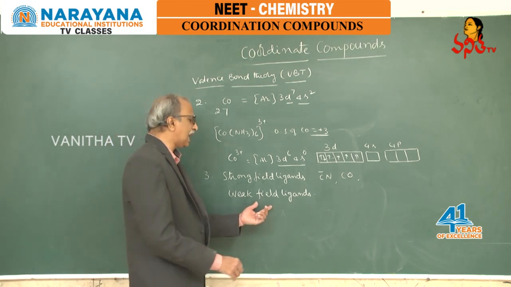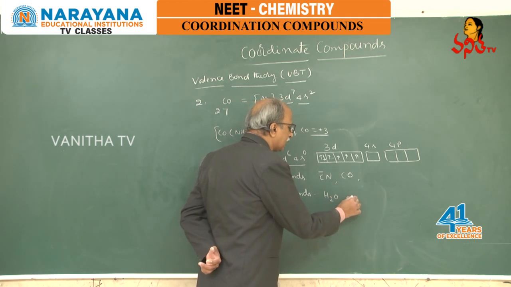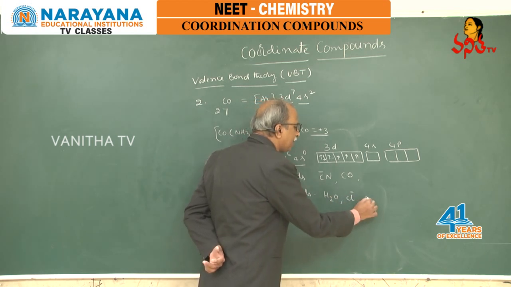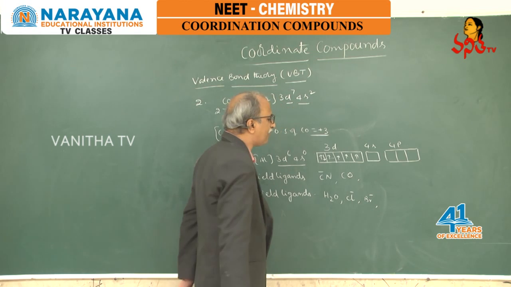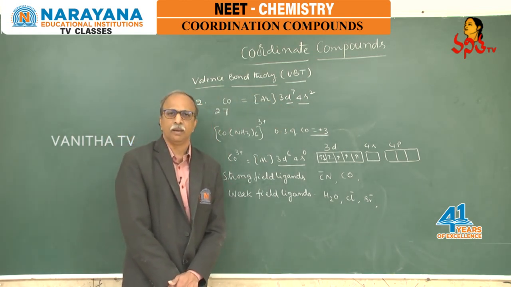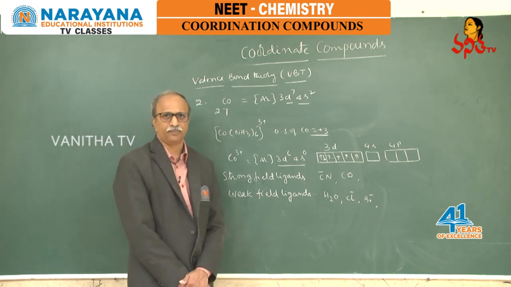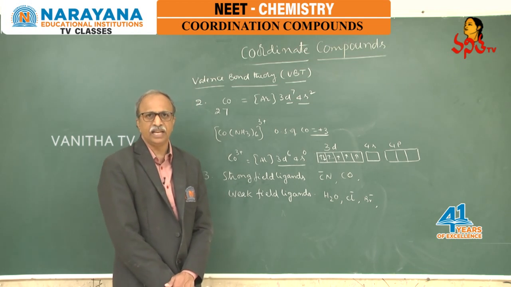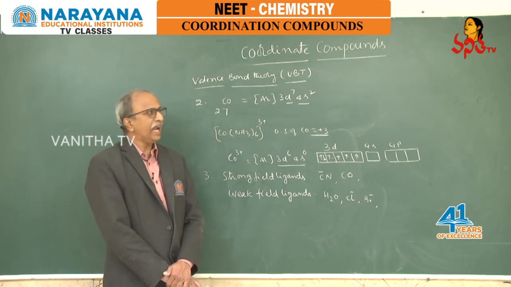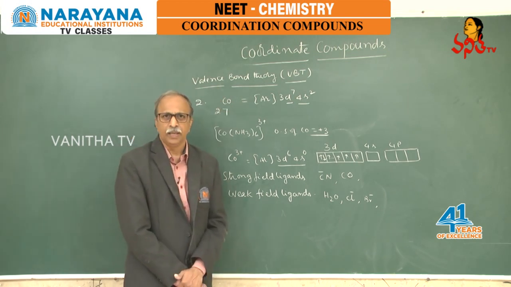Such ones are called weak field ligands, such as H2O, Cl minus or Br minus. They cannot influence much, and such ones are called weak field ligands.